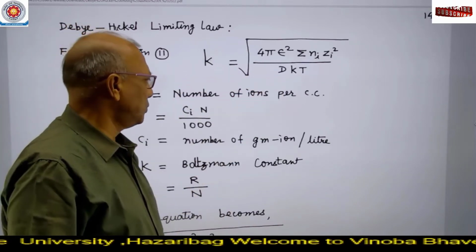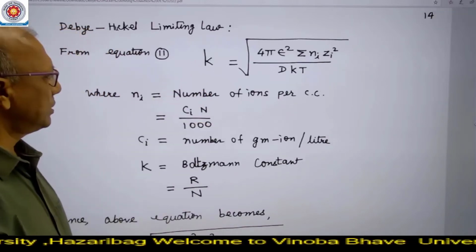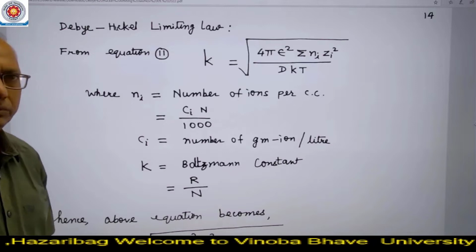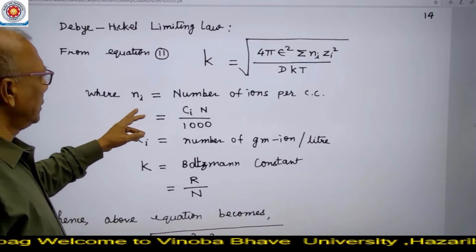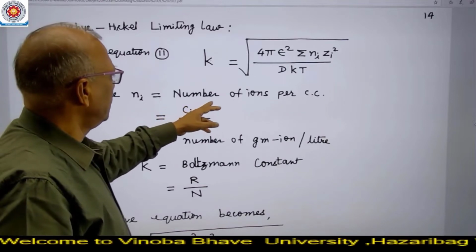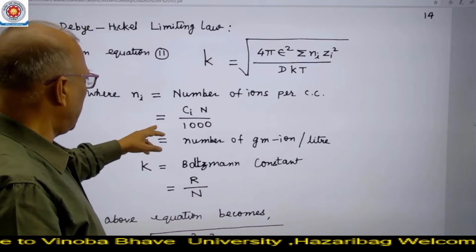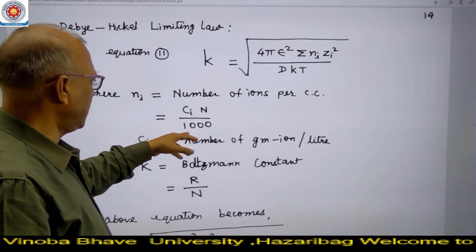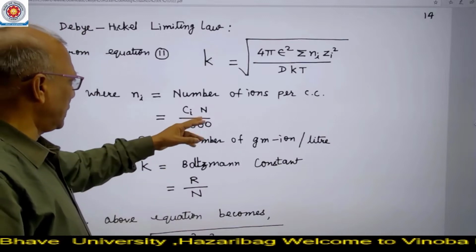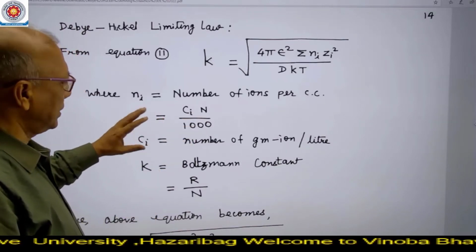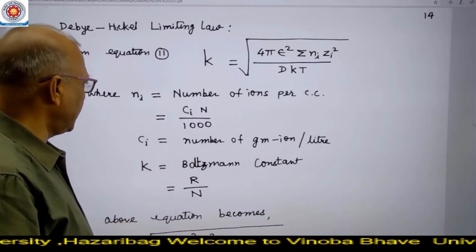This k is the Boltzmann constant, whereas this K is in terms of 1 by K, which is the Debye length. Now Ni is equal to number of ions per cc, and Ni is equal to Ci N divided by 1000, where N is the Avogadro's number.